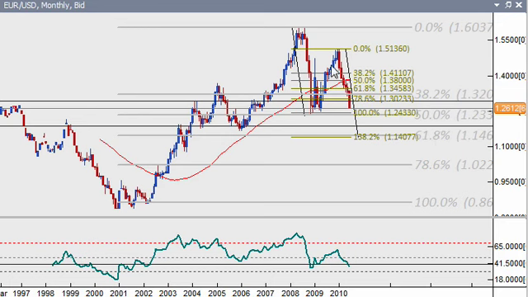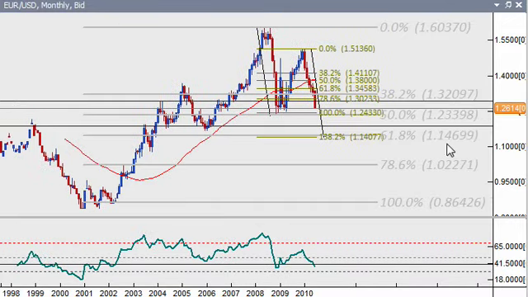After that, the swing projection would go to the 1.14 area, 1.1450 area, to the next cluster: 61.8% retracement, 138.2% expanded retracement of this rally, and also the swing projection. Those are the three support areas coming up, and you would only see that in the monthly.